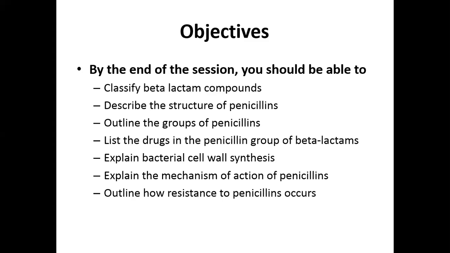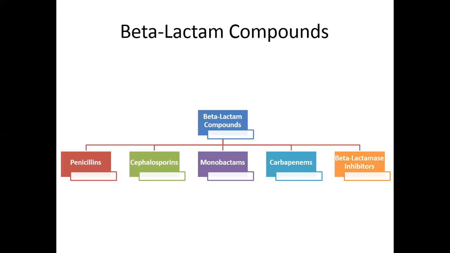You should be able to explain the bacterial cell wall synthesis, the mechanism of action of penicillins, and then also explain the resistance that occurs against the penicillins. Now, the beta-lactam compounds are the following.